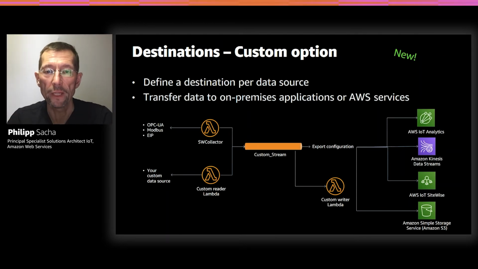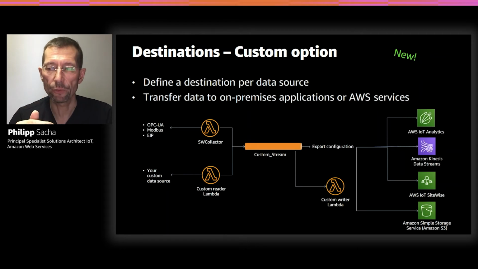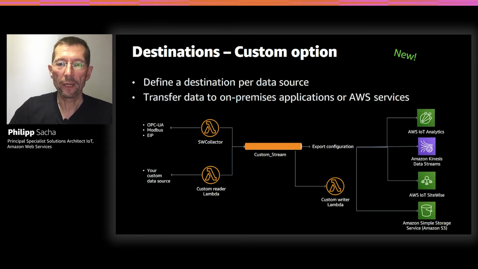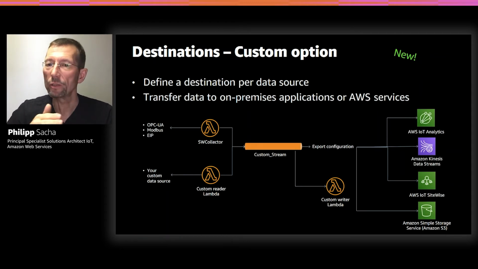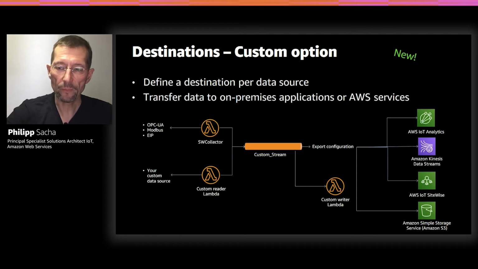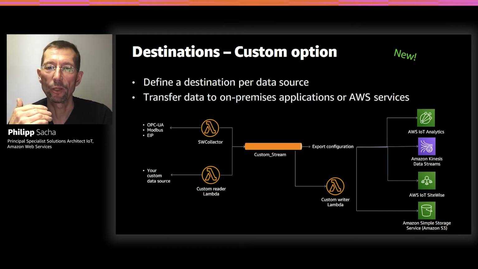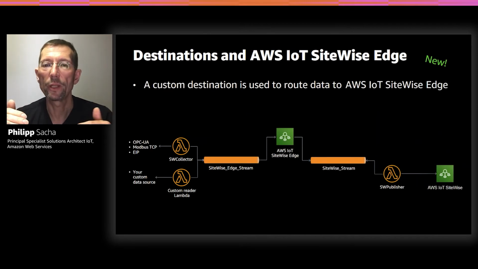You can also bring your own writer Lambda function to write the data from your custom stream to an on-premises application or to another service which is not supported out of the box. So in the next slide, we will take a look at the architecture when you use AWS IoT SiteWise Edge.